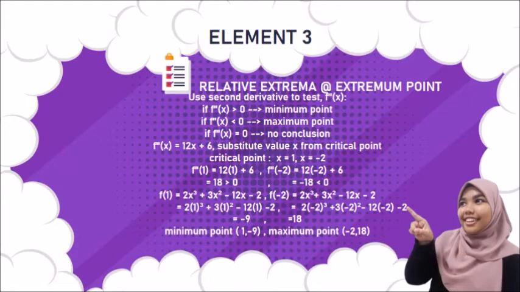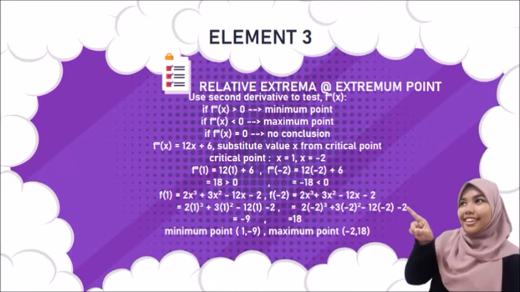And if f double prime x equals 0, there is no conclusion. As mentioned before, f prime x equals 6x squared plus 6x minus 12. From the equation, we differentiate it a second time. When we differentiate it again, we get f double prime x equals 12x plus 6.